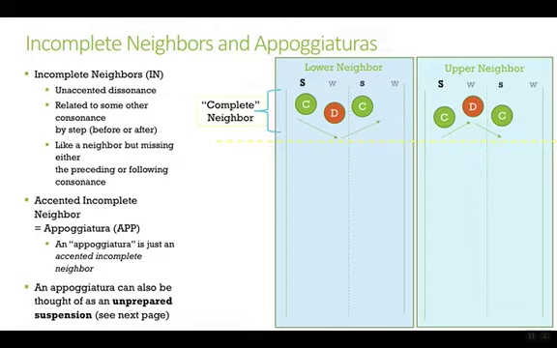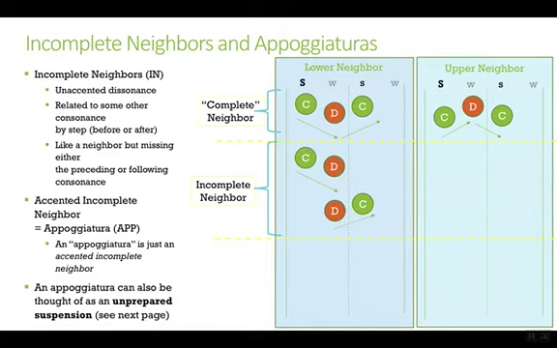Let's now explore what happens when we just omit one of the consonances. So these are going to give us incomplete neighbors. On the first side, we can omit the second consonance, so we have consonance going to dissonance. This is sometimes called an escape tone, and that is a valuable thing to remember, but Laitz does not use that term. You could also conceivably have a dissonance going to a consonance.